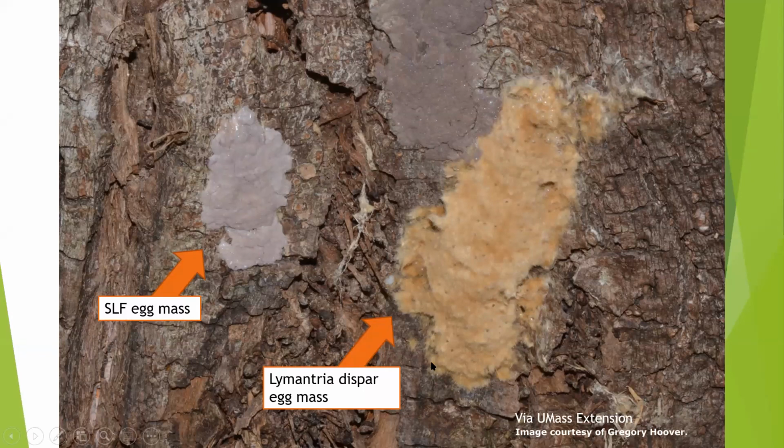On the right, you notice that the Lymantria dispar egg mass is much larger and is more of a pale rusty orange brown. If you look very closely, you will see these little pin pricks in the photo here, and that is actually a parasitoid that is attacking the Lymantria dispar egg masses.